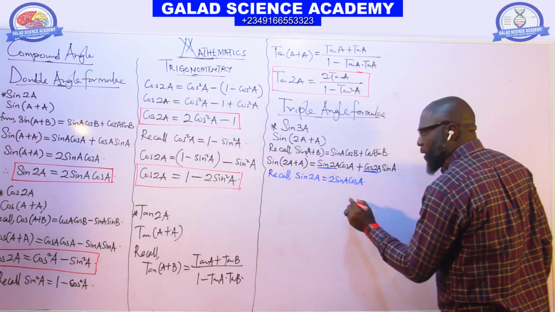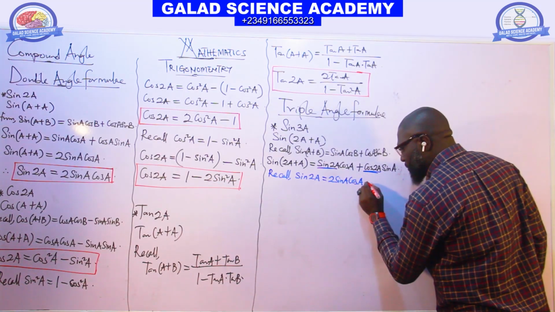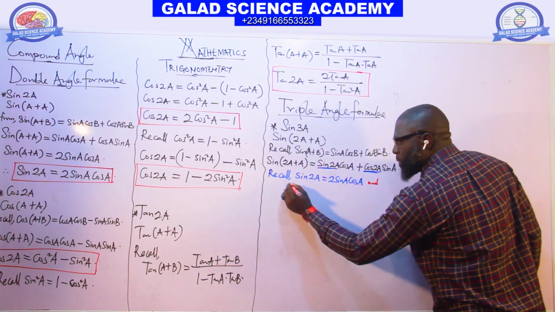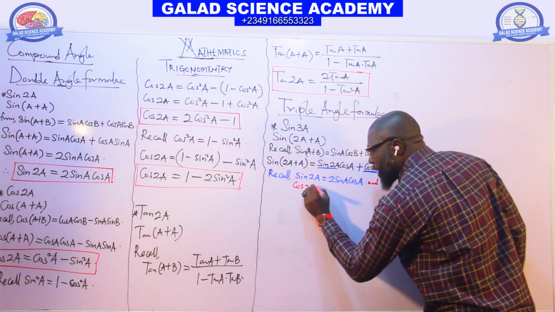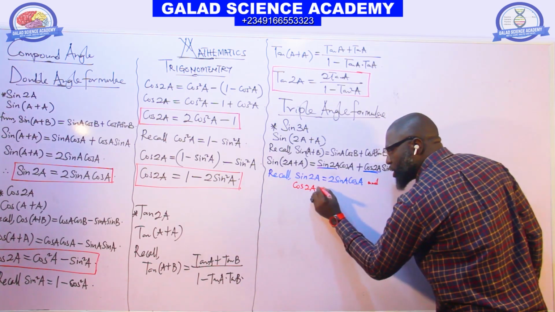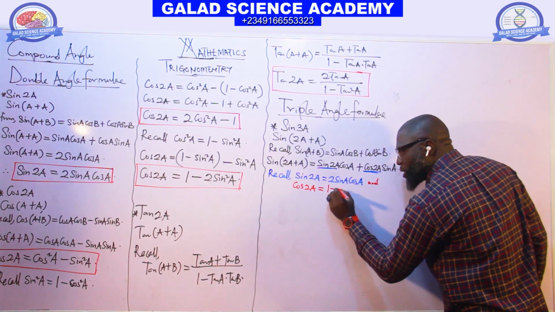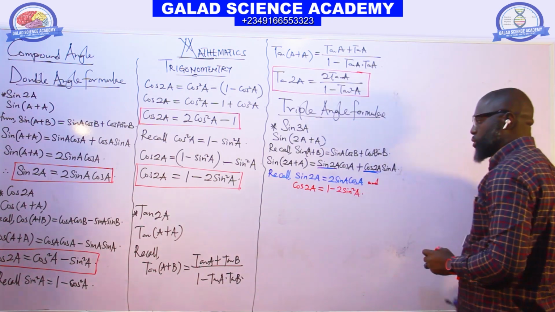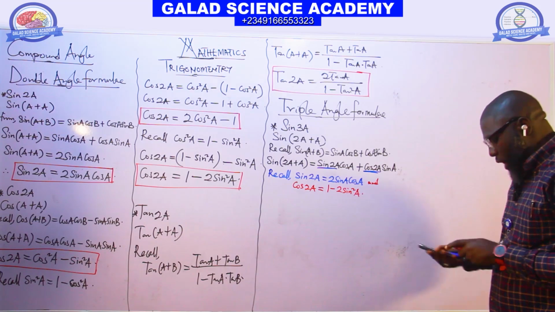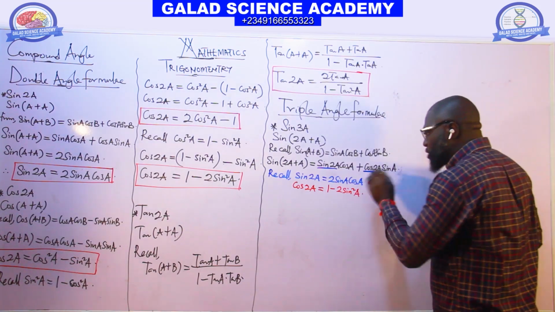Let me go for this one now. Cos 2A from here is equal to 1 minus 2 sine square A. Good.